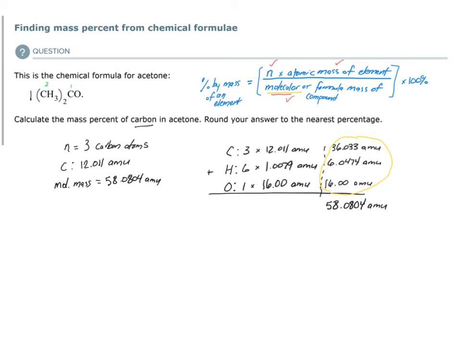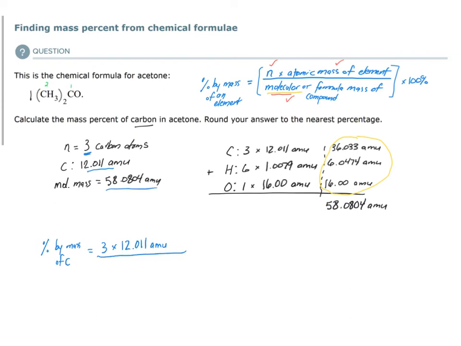All right, so now we have everything that we need. We have this, this, and this. So now I can find the percent by mass of carbon in acetone. Let's plug it into the formula. The percent by mass of carbon is going to be equal to the number of carbon atoms, which is 3, times the atomic mass of carbon, 12.011, the units of atomic mass are AMUs, divided by the molecular mass of this compound, acetone.